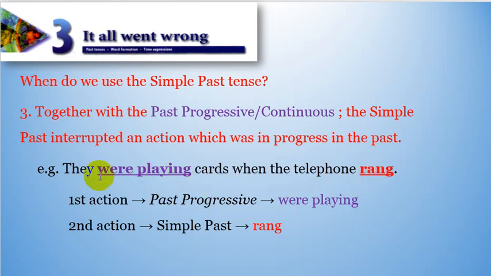So the first action, the continuous process, or the verb in the progressive tense, was were playing. They began playing, they continued to play. There was an ongoing process. Then the second action, the ringing of the phone, interrupted the process of playing. So we put the verb in the past simple tense, rang. Okay?